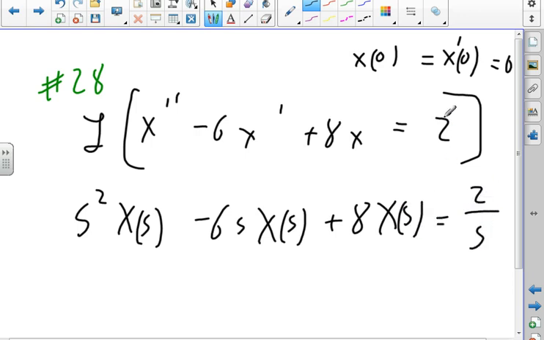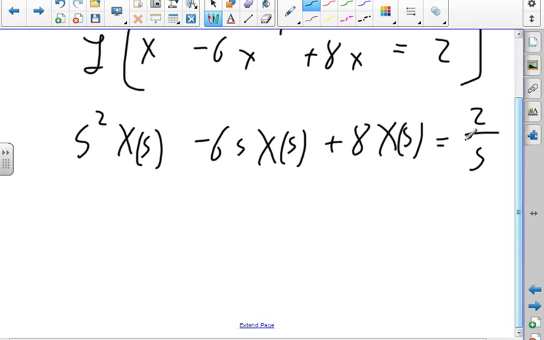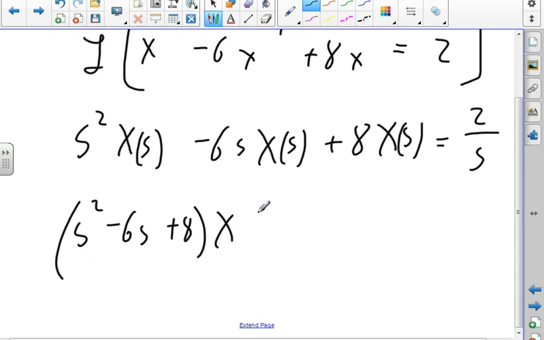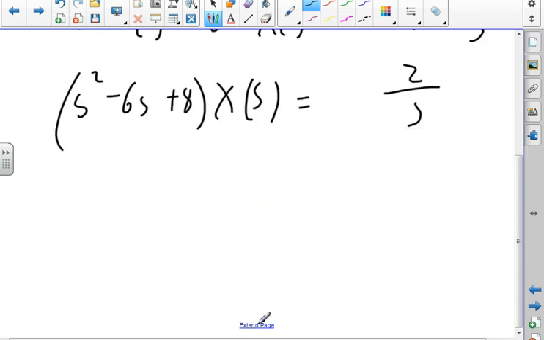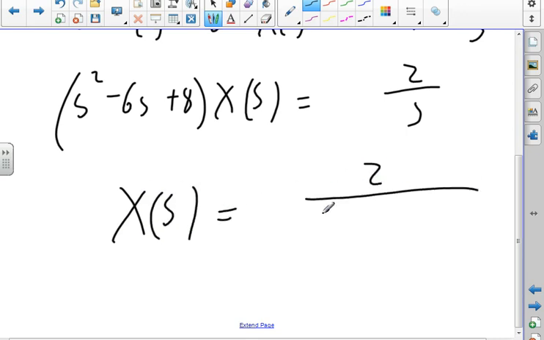Remember that 2 over s thing, because that's going to hose you over on your next test, and you're not going to put that s there, you're going to get the wrong answer. s squared minus 6s plus 8 times X of s is 2 over s, so X of s is 2 over s times s squared minus 6s plus 8.